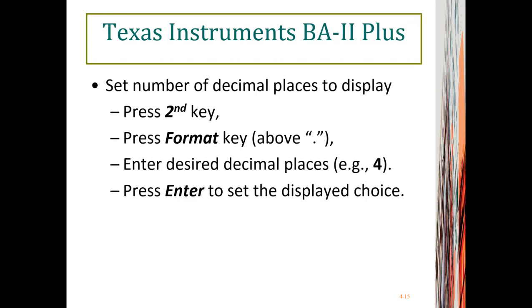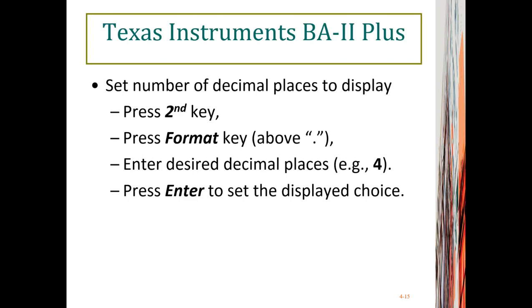Then you enter the desired decimal places, for example, 2 or 4 or 5 or 9. 2 means 2 decimal points, 4 means 4 decimal points. And as a rule of thumb, if you are calculating a dollar amount, 2 decimal points would be sufficient. But if you are calculating interest rates, then 4 decimal points would be sufficient. Right? 2 is not sufficient.